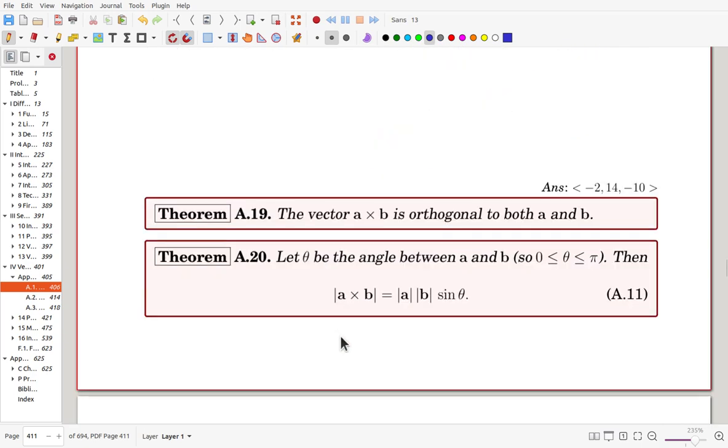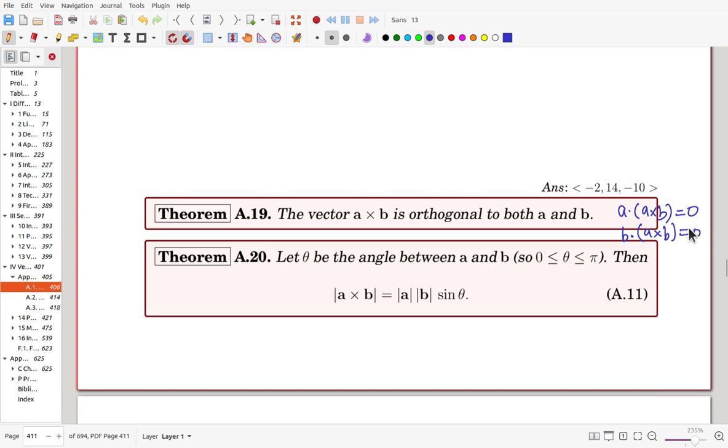The vector A cross B is orthogonal to both A and B. You can easily see this, in fact, with a formula: A dot (A cross B) is 0. You learned this from other classes anyway.